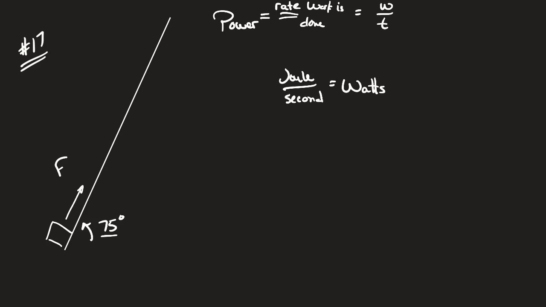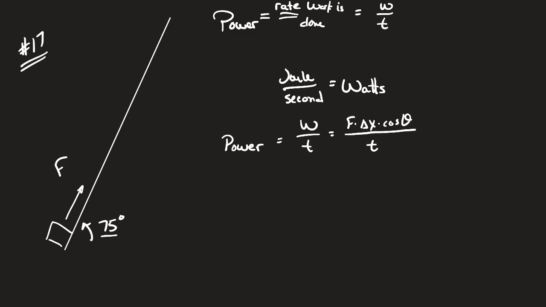Now, if you consider the definition of power for just a minute as work over time, I would encourage you to recognize that we can expand the definition of work to be the calculation of work, force times displacement times the cosine of the angle.